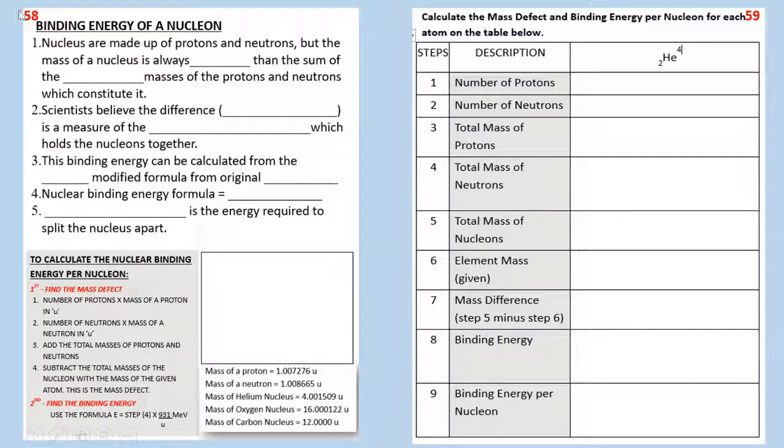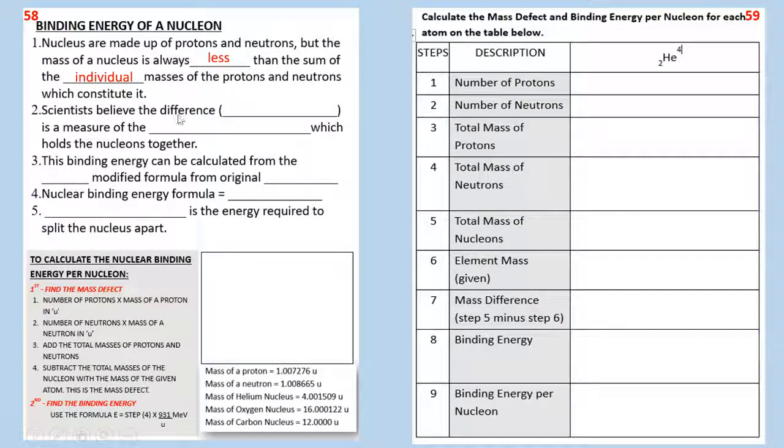So on your page 58, just follow me and complete the blanks. Nuclei are made up of protons and neutrons, but the mass of a nucleus is always less than the sum of the individual masses of the protons and neutrons which constitute it.